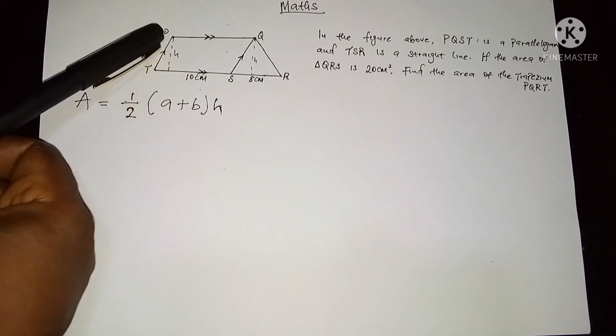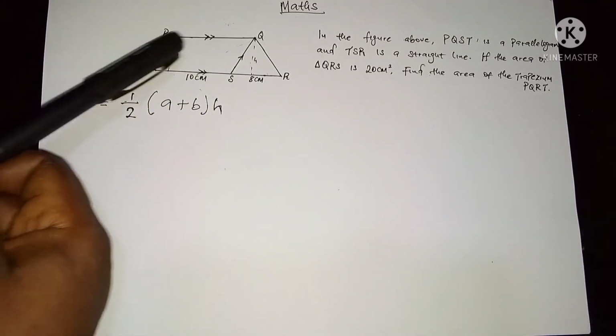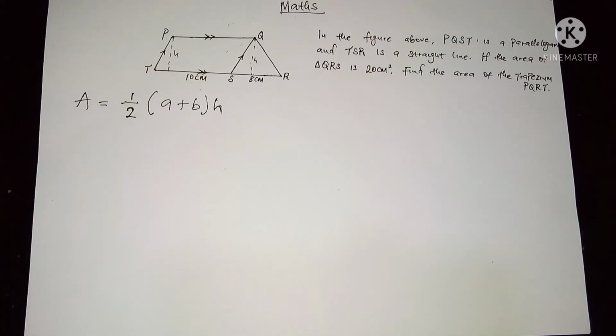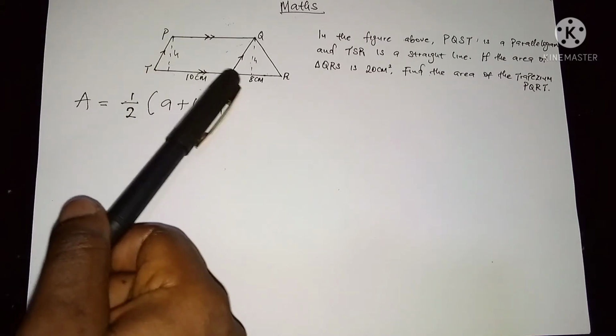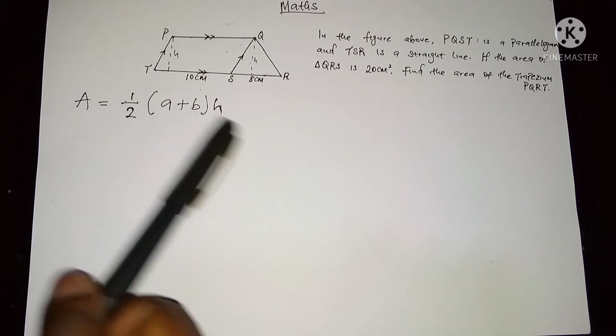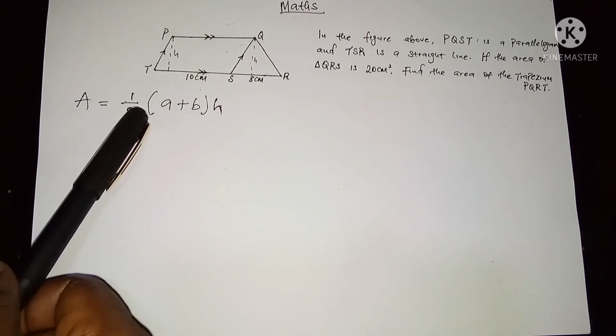You are stopping at the point where the line cuts. So from this point we can get the height of this trapezium so that we can look for the area. How do we do that?